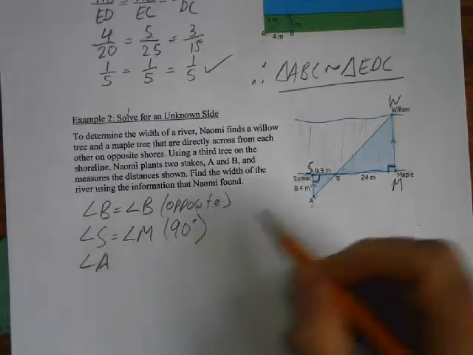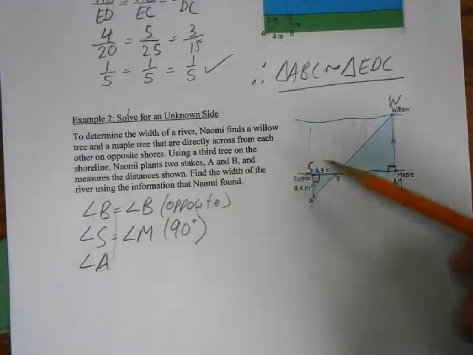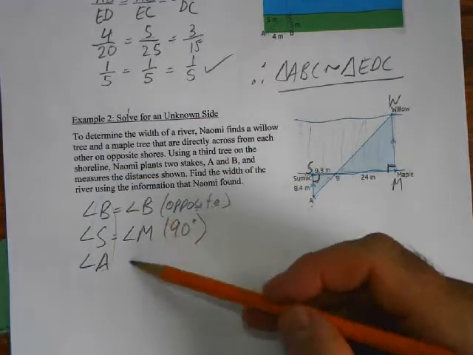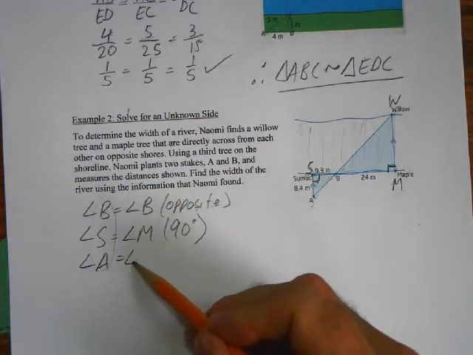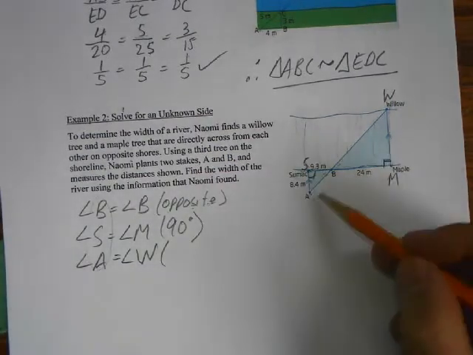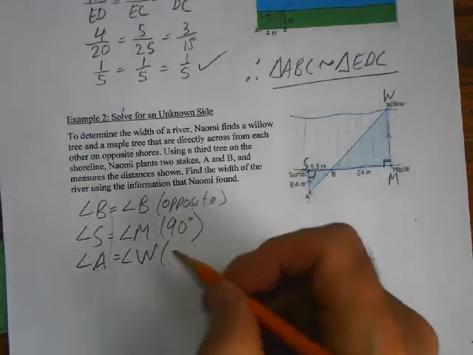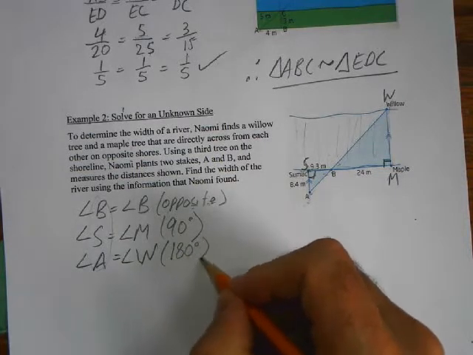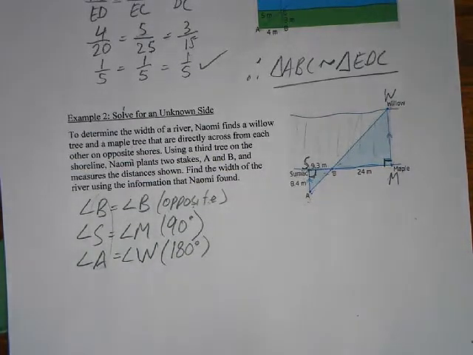Angle A. Now notice all these angles are in the left triangle, and all these angles are on the right. That's important. So the third angles in each triangle have to be equal because the angles in a triangle add up to 180.